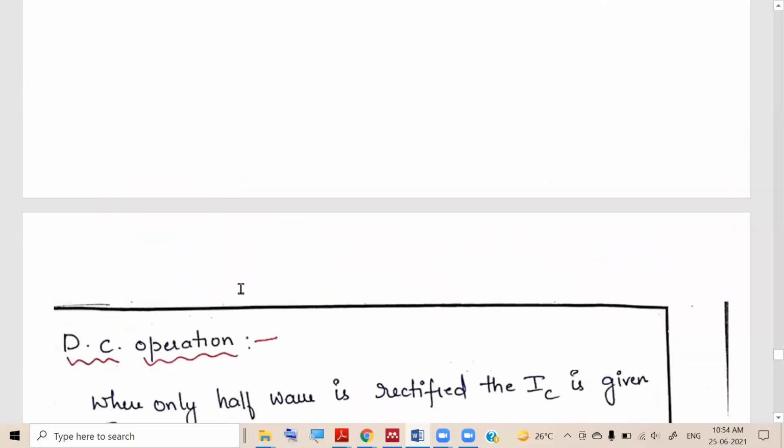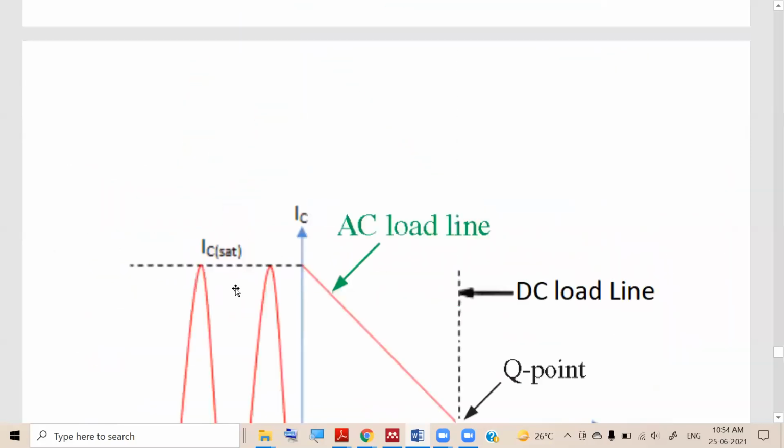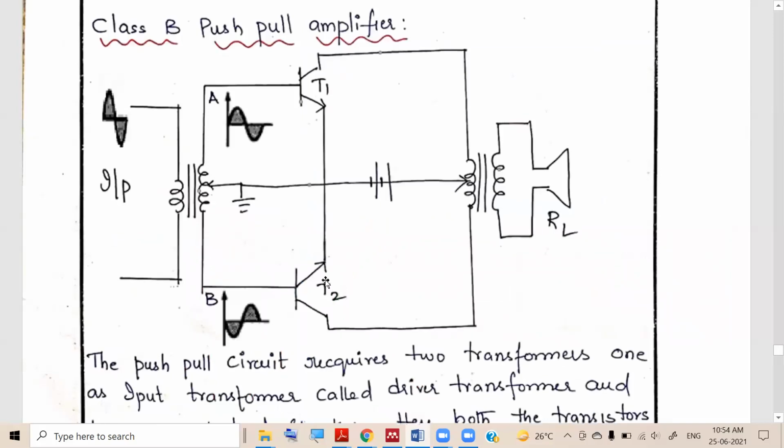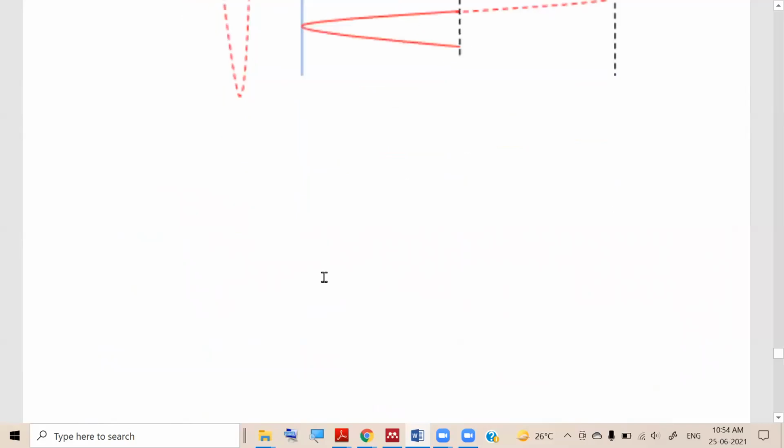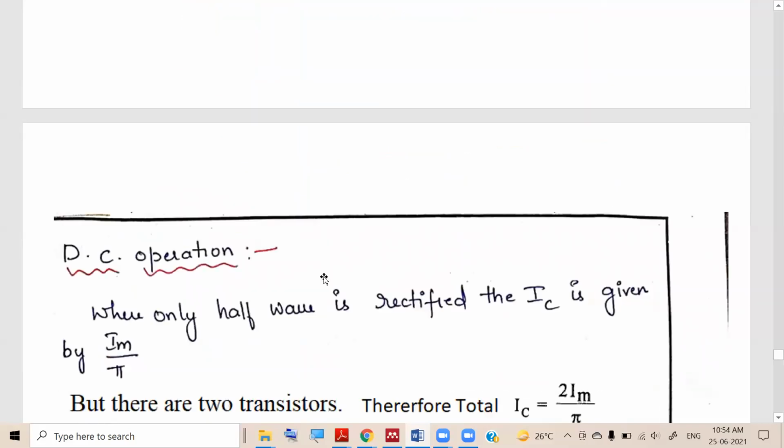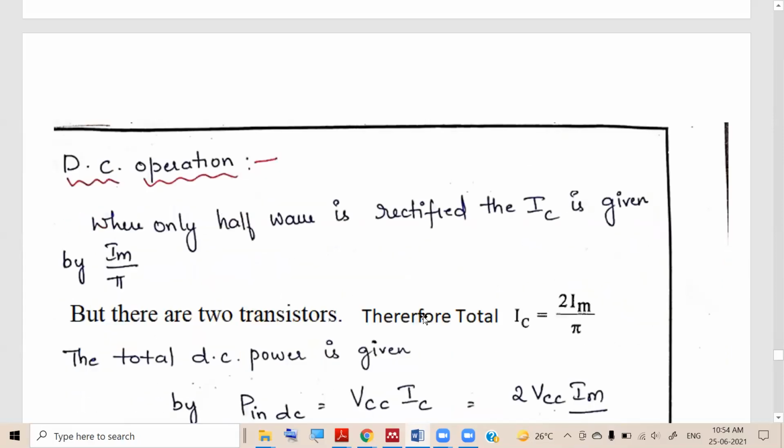How many transistors do we have? Two. So the total current drawn will be 2 Im by pi, isn't it? The total current drawn is 2 Im by pi, right?